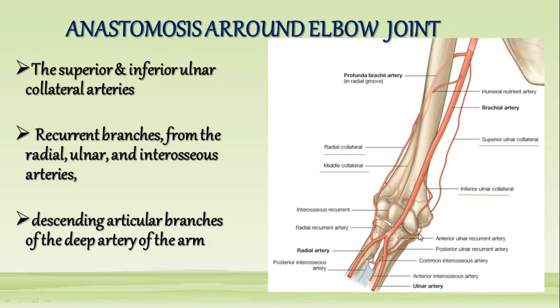The word recurrent means moving back, running upward. So these are the two ulnar recurrent arteries which are going up towards the elbow joint to form anastomosis with the superior and inferior ulnar collateral arteries.